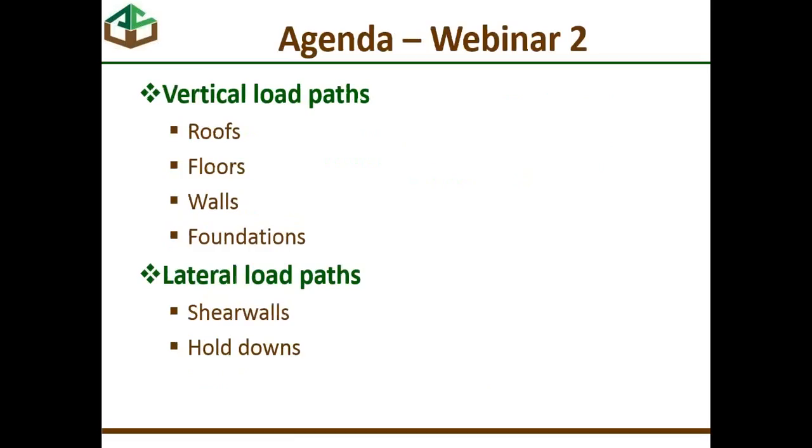So here's what I'd like to cover. The topic is load paths, so what we want to do is to take a look at both vertical and lateral load paths, and to look at the vertical load path from the roof to the foundation, and to look at lateral load paths as loads are accumulated on vertical walls and roofs, and how those loads also get to the foundation and the soil.